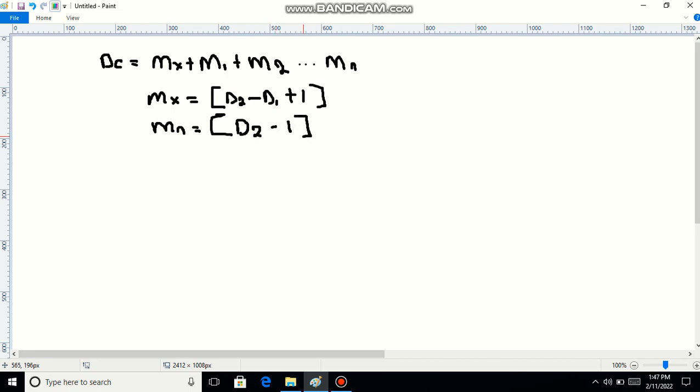This is the formula that we are going to be using to calculate the number of days between two dates in finance. Now let's have a small example.